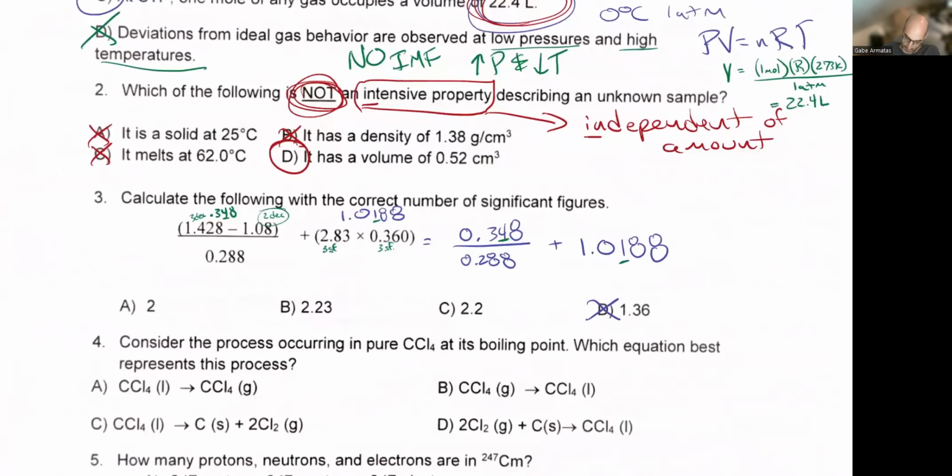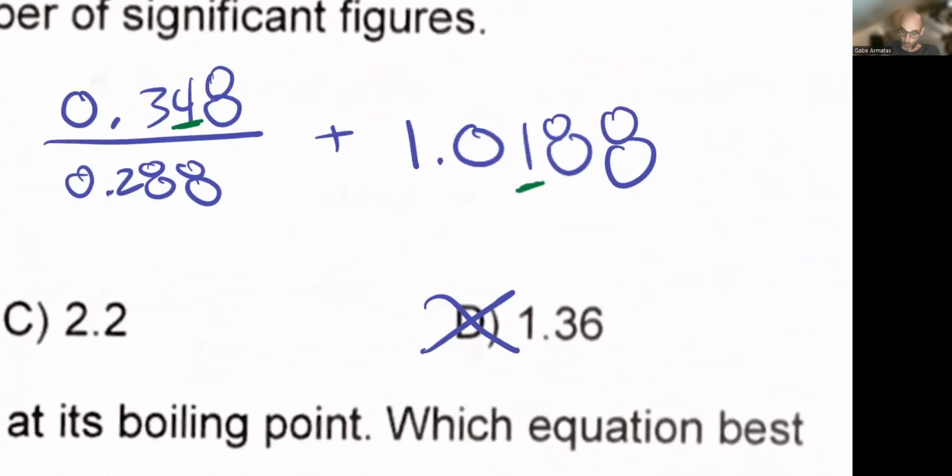Now let's take a look at our new problem. Again, we are keeping track of where we're going to round, but we're going to keep those entire numbers. So what's the next thing you want to do? PEMDAS: we did parentheses. We have no exponents or roots. So we're going to do multiply and divide next.